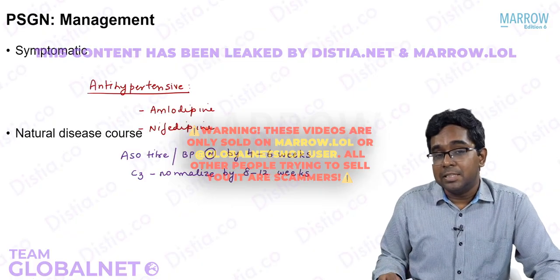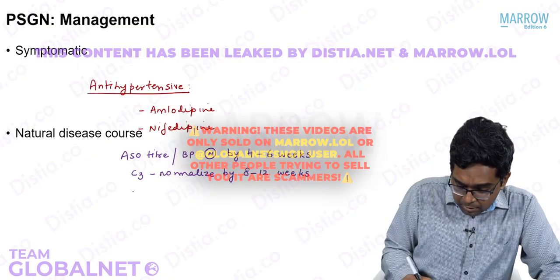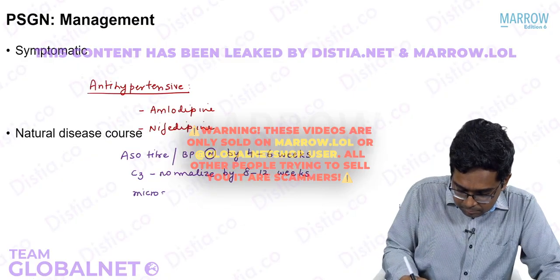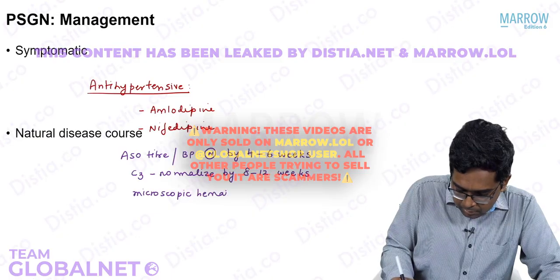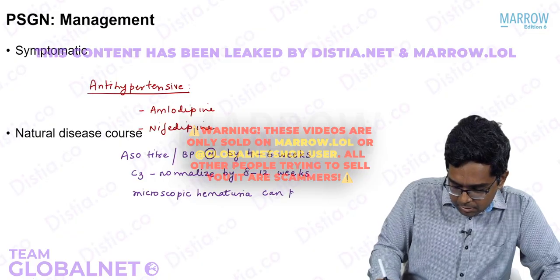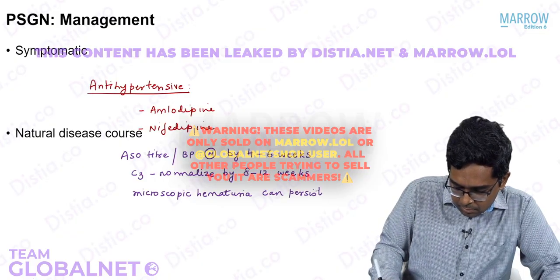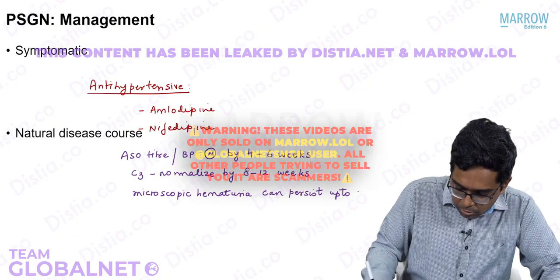Please remember, in this particular condition, microscopic hematuria can persist up to 1 to 2 years.